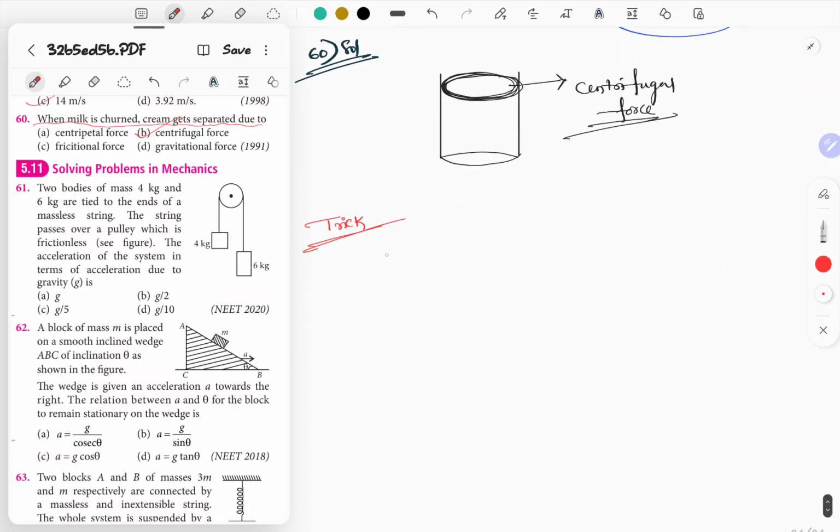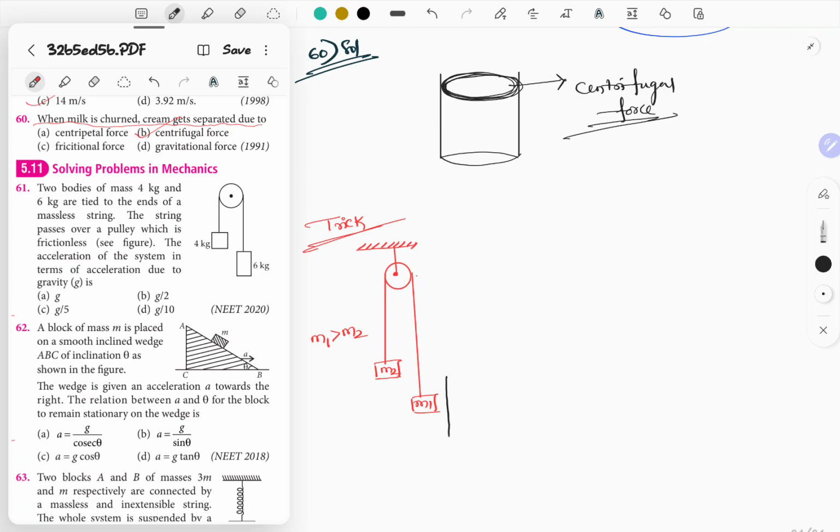The trick is, let me consider a pulley system, a block of mass m2 and another block of mass m1 connected here, and m1 is greater than m2. This is my assumption. As m1 is greater than m2, definitely the system will accelerate.